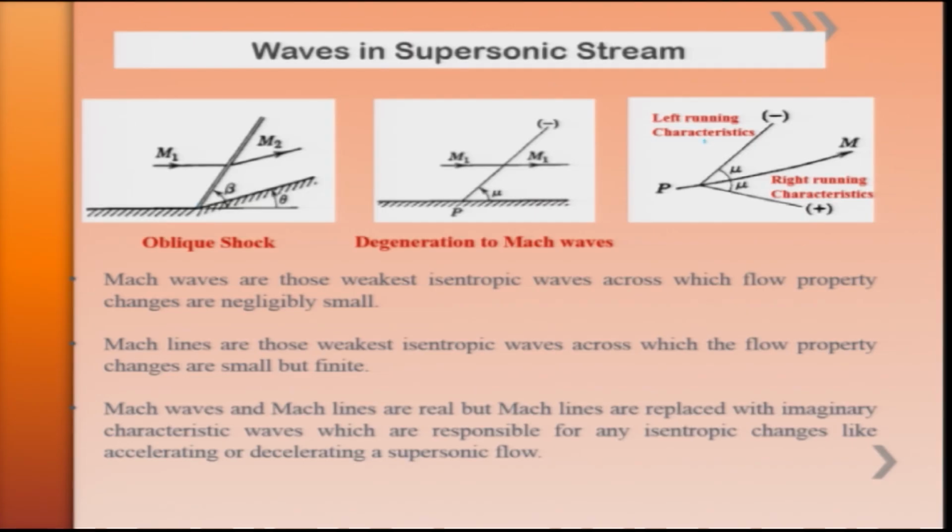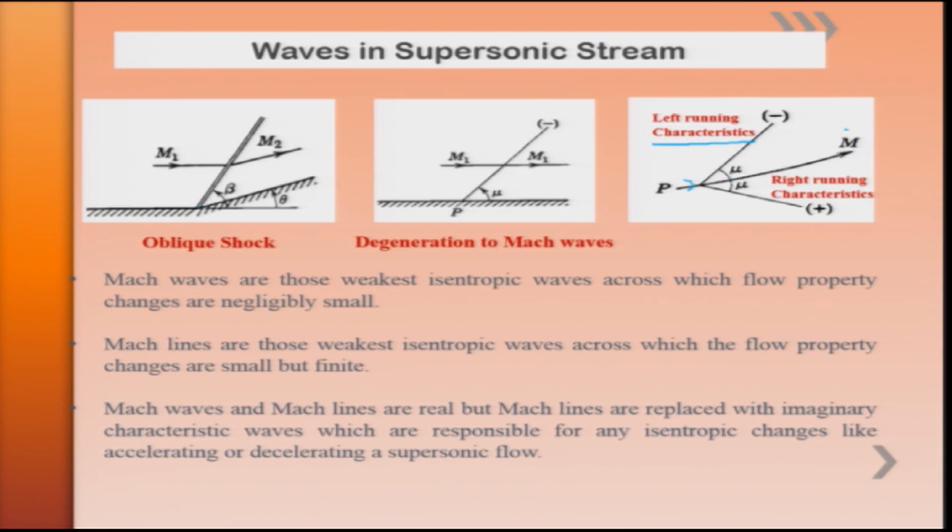In the compressible flow regime, these Mach lines are replaced with imaginary lines called characteristic waves, and these characteristic waves are the backbone of the method of characteristics, by which various geometries such as nozzles are generated in the compressible flow regime. These are defined as left running and right running characteristic waves, as if you are the observer moving along the incoming flow direction, which I am showing here.